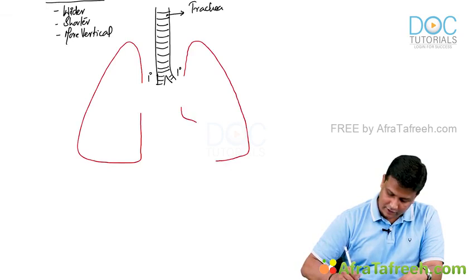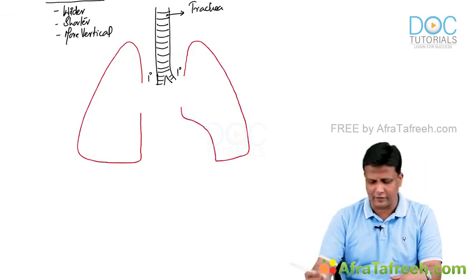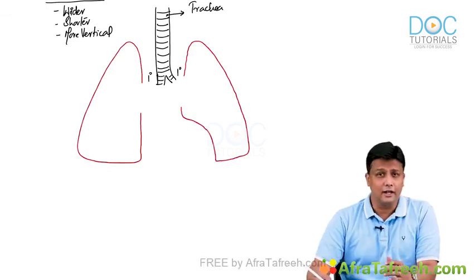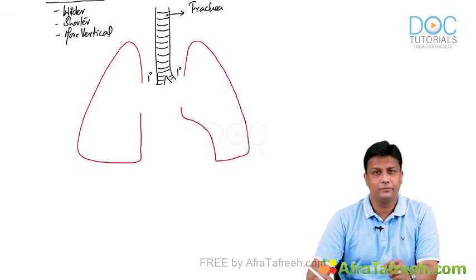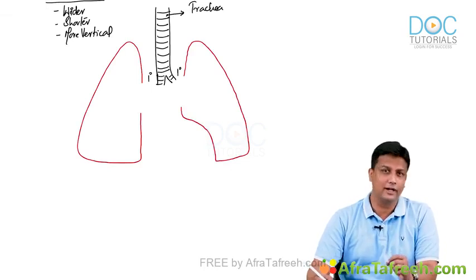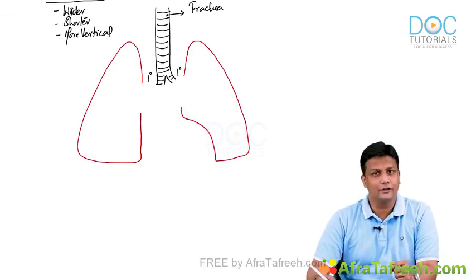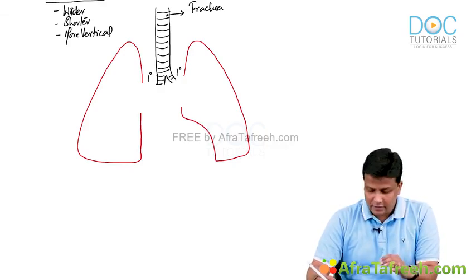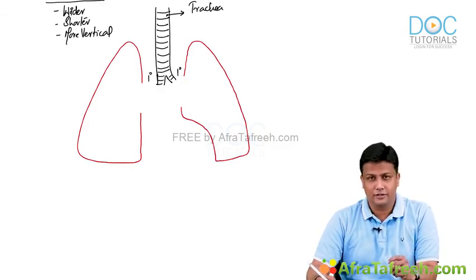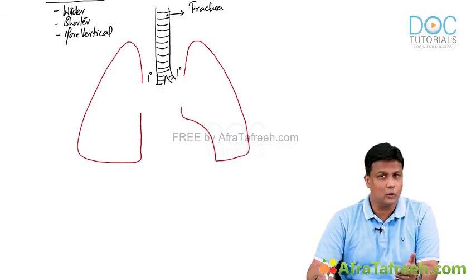And in the left lung, I hope you all know that very well from first year MBBS days, the left lung has a notch to accommodate the heart. That is why it is referred to as the cardiac notch. And just above the cardiac notch, there is a tongue-like structure known as the lingula. We are well aware of all those things. We don't have to worry about that.